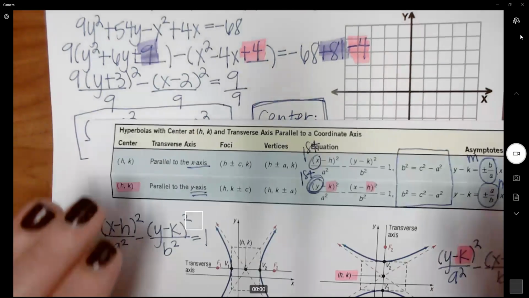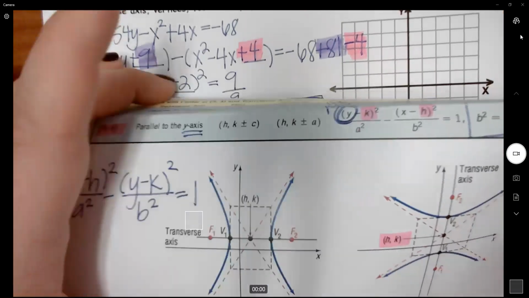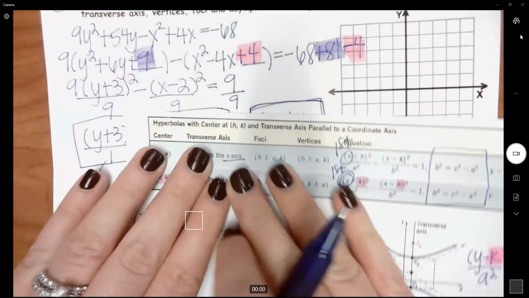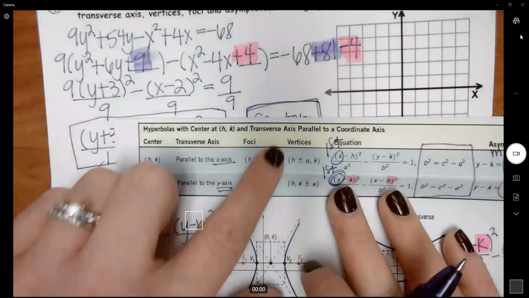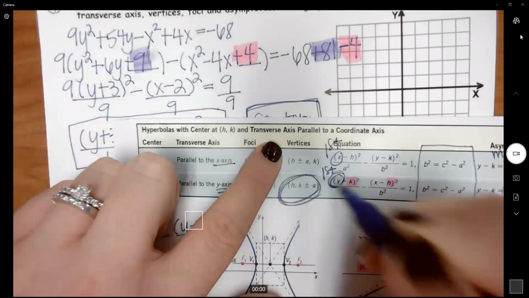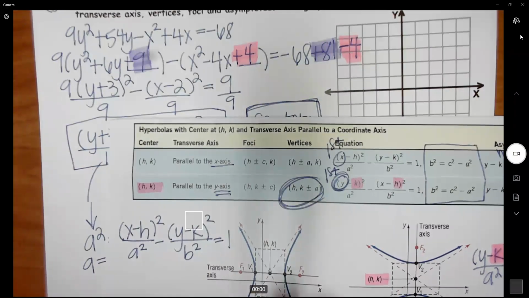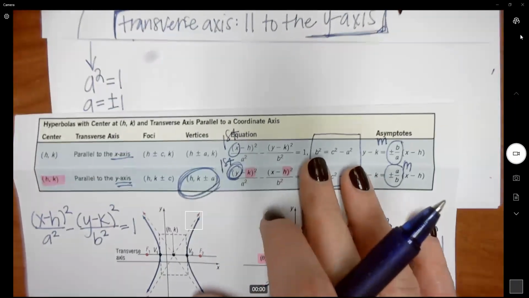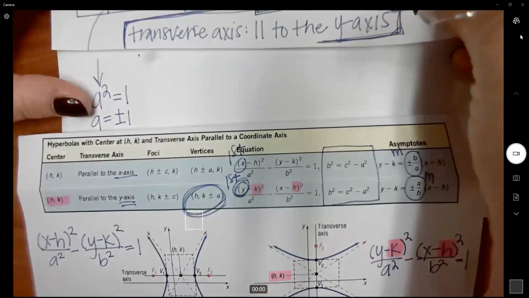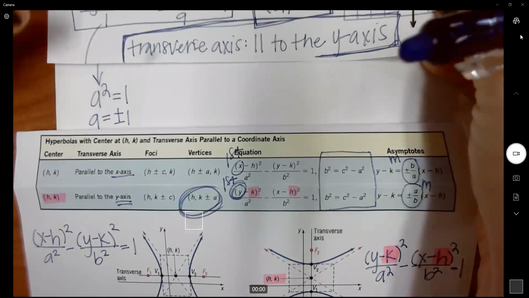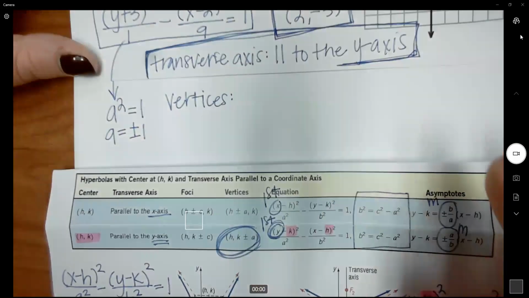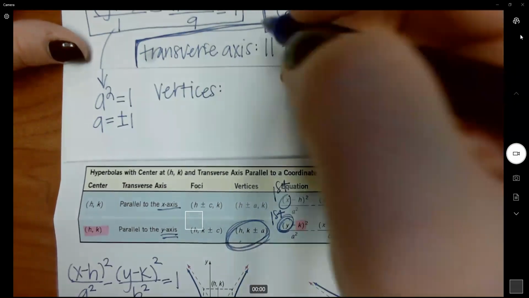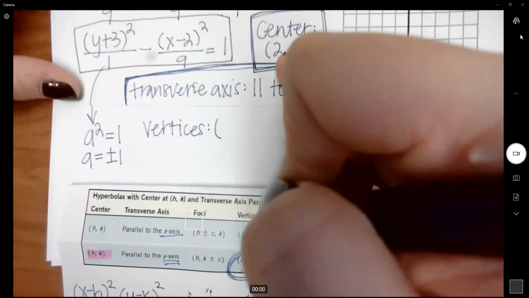I originally folded this right here, so all we could see is this, but then I'm missing my labels here. So for my vertices, we use this formula here. H stays the same, so my h is 2.